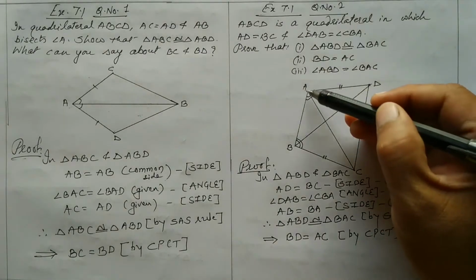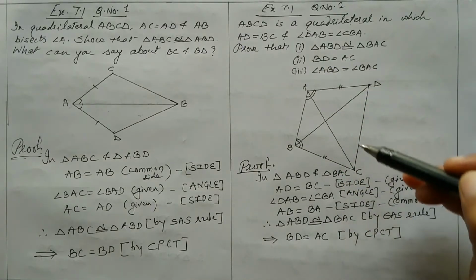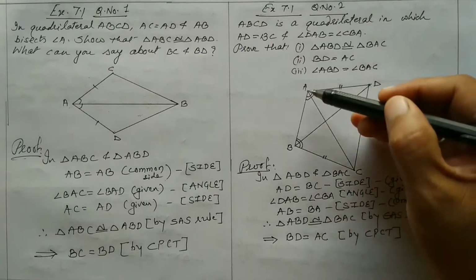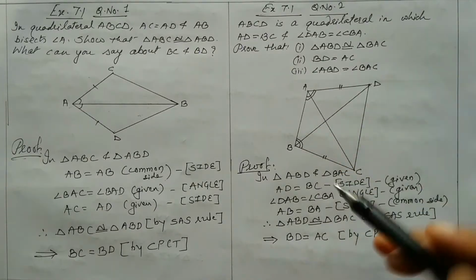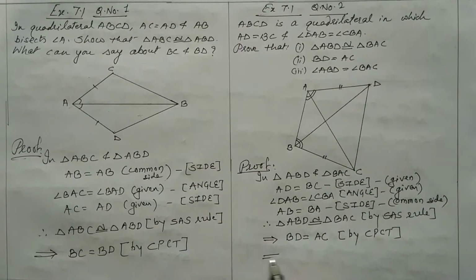Angle ABD, so the corresponding angle is BAC. So it also implies that angle ABD is equal to angle BAC. This is also by CPCT, corresponding parts of congruent triangles. Hope you have understood question number 2. Both these questions you have understood.